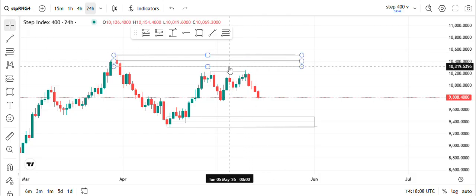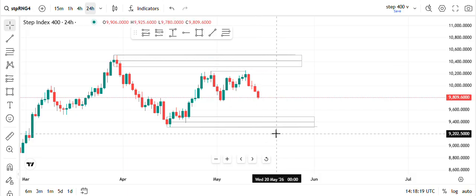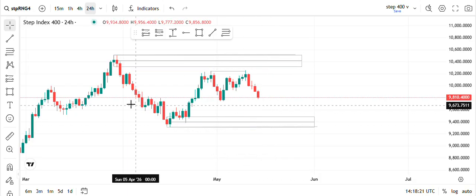So probably it might still buy up to get up to here to take the liquidity, whatever.